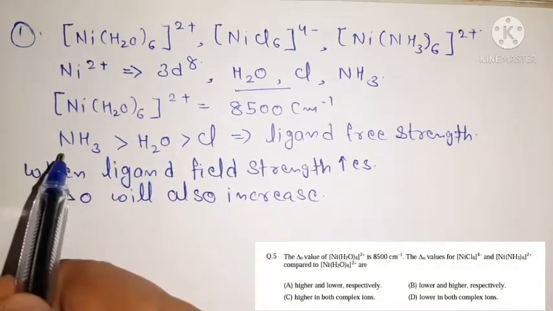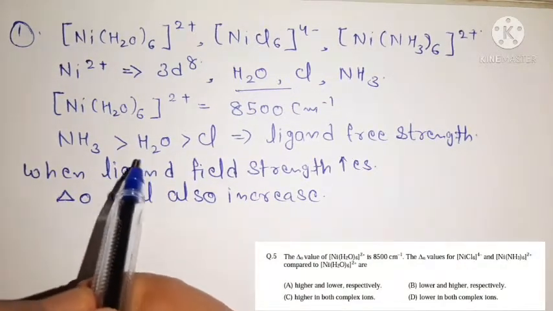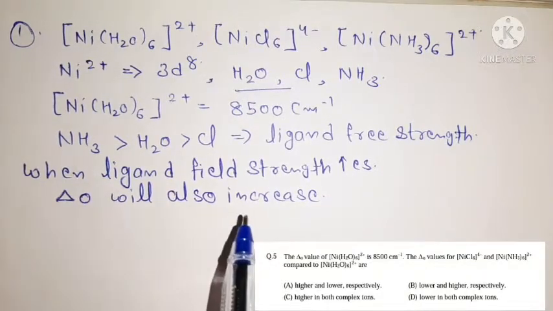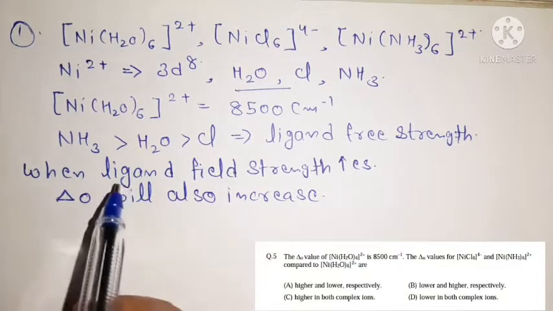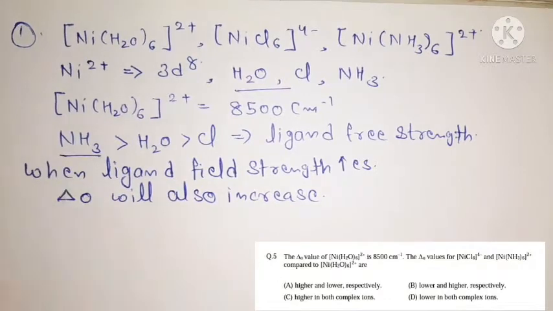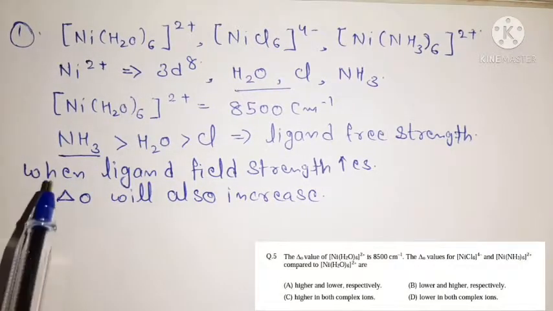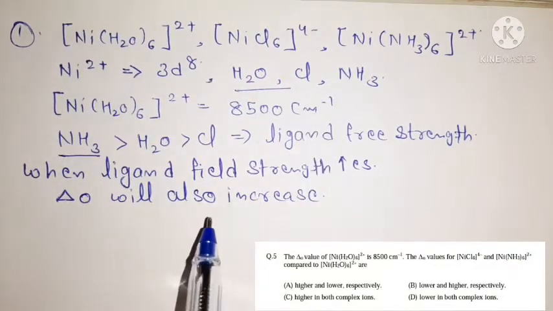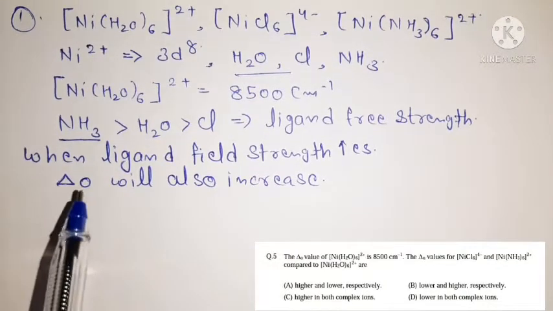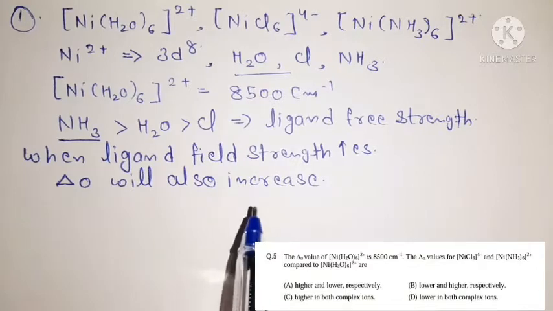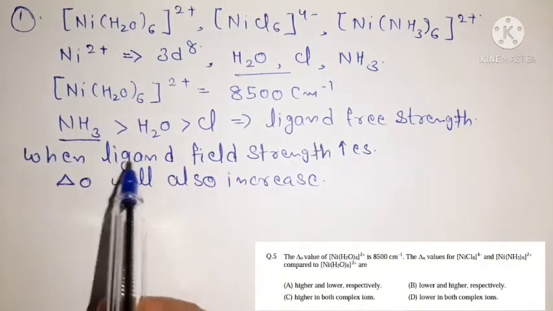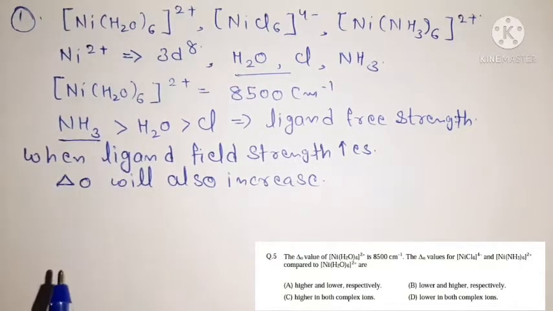Okay, and in these ligands we know the highest ligand field strength will be for the NH3 ligand. So that means the complex containing NH3 will have the highest value of del O, because the ligand field strength is highest for NH3.